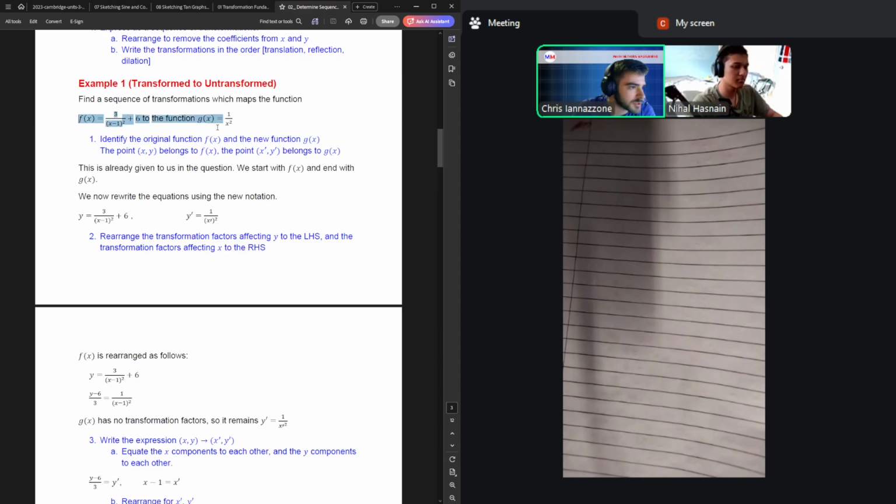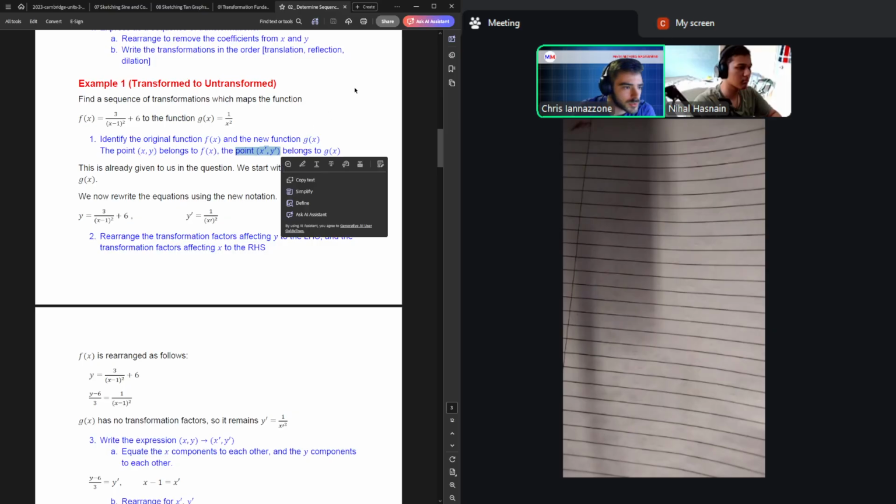So first up, we want to start by identifying where we are starting and where we are going. In this case, we're mapping the function f to the function g. We're starting at f, we're going to g. It doesn't really matter how you track this, but if you want to use proper math notation, you'll give x dash, y dash to the function that you're heading towards.